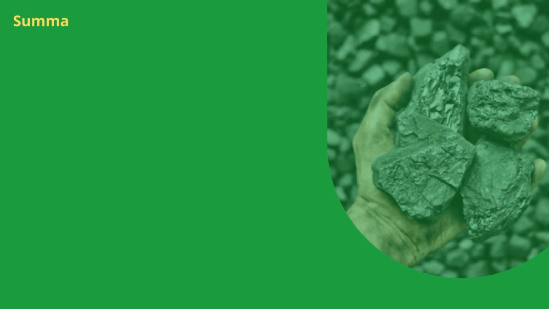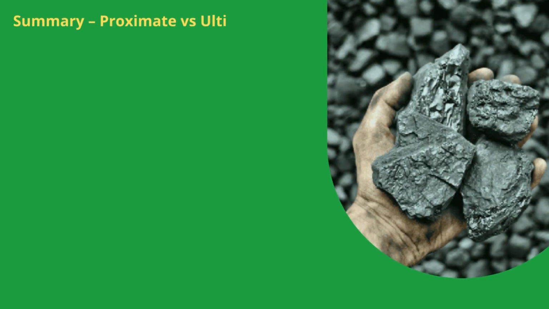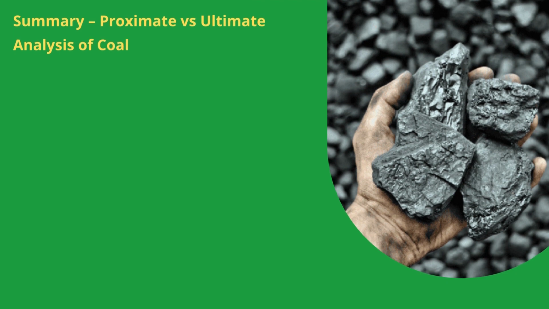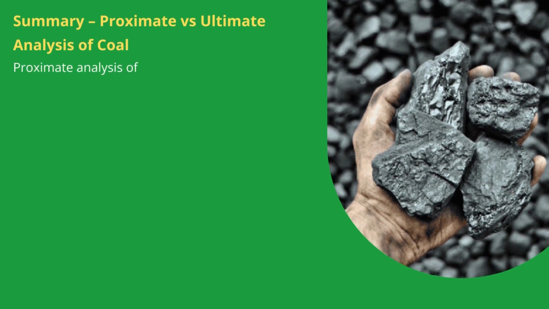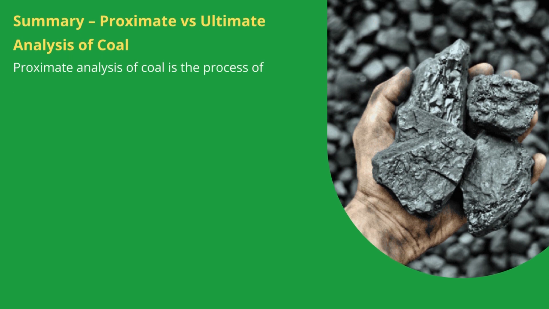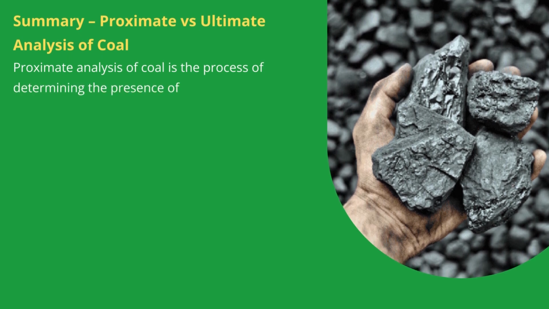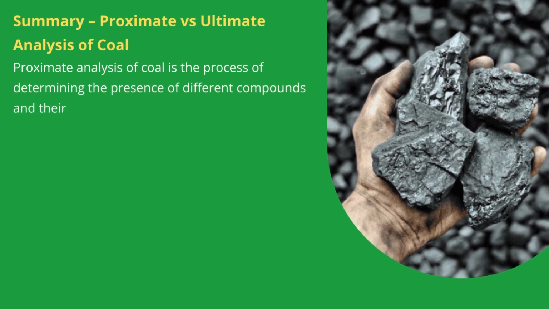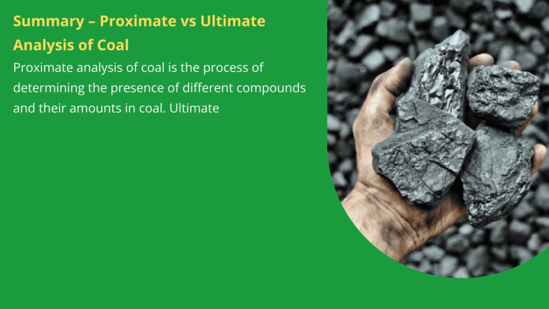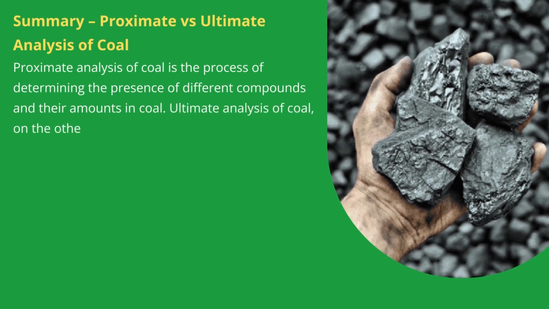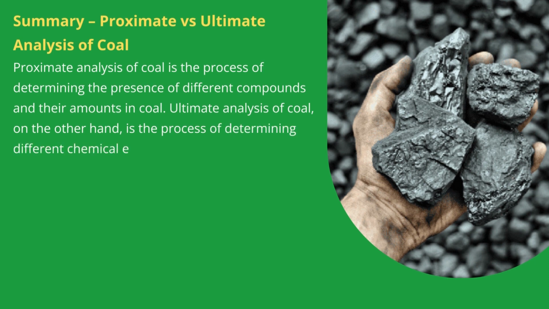Now, let us summarize proximate versus ultimate analysis of coal. Proximate analysis of coal is the process of determining the presence of different compounds and their amounts in coal. Ultimate analysis of coal, on the other hand, is the process of determining different chemical elements present in the coal.